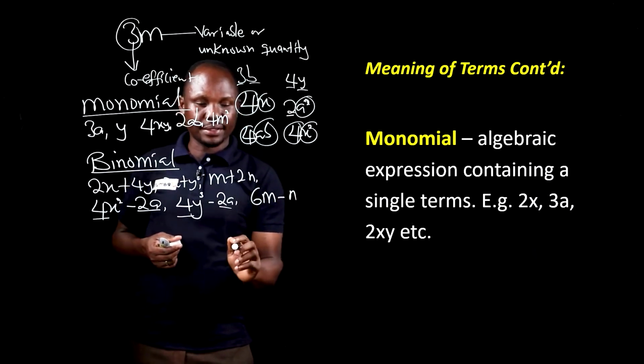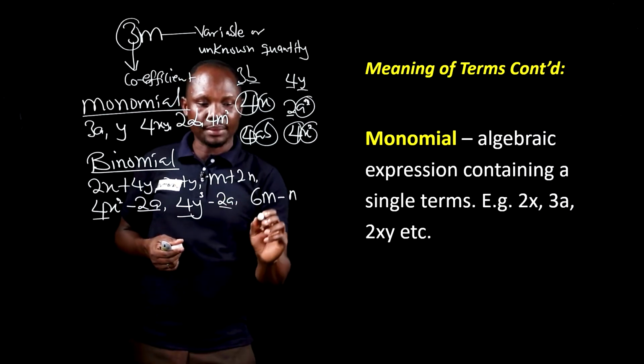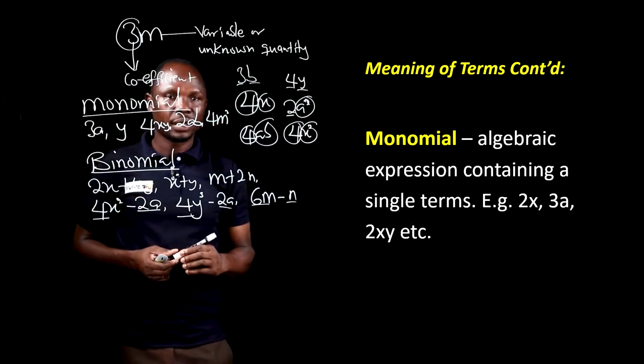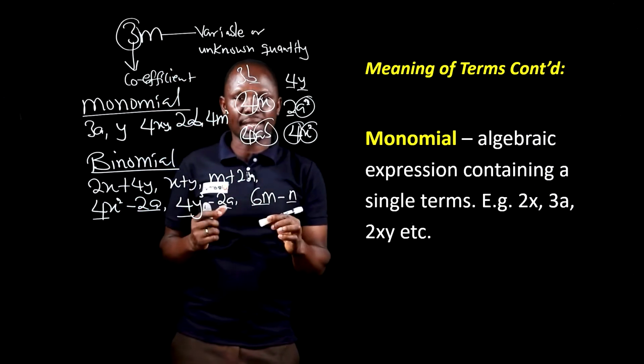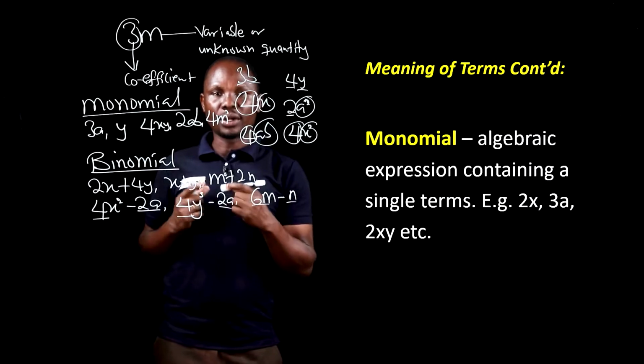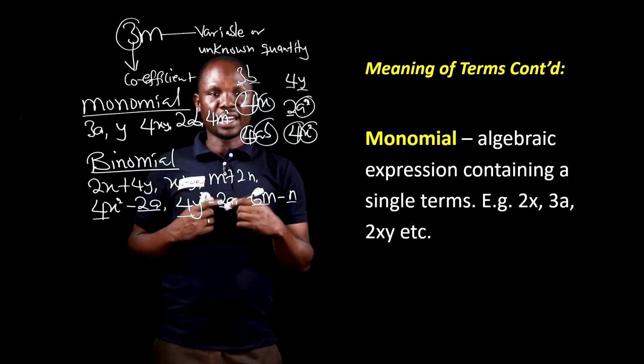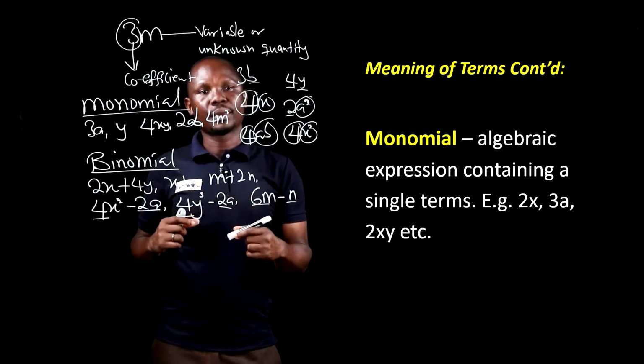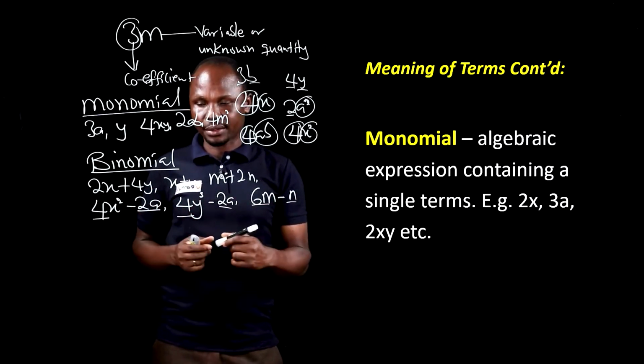It contains two terms. So a binomial is an algebraic expression containing two terms, or in other words, the sum or the difference of two monomials.